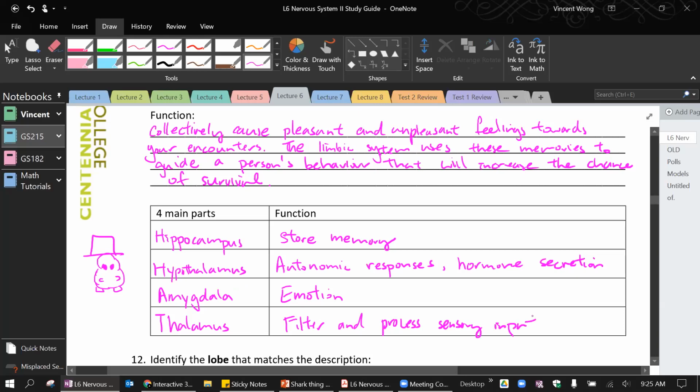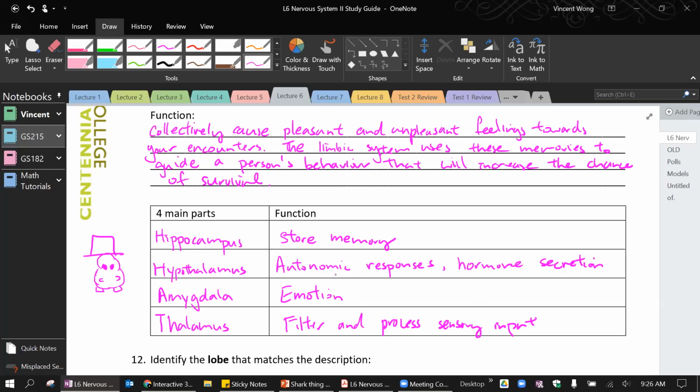Okay, so not everything needs to be processed. Not everything needs to have an emotional response. Otherwise we'd be very dramatic people, right? Maybe. Some things just don't warrant a very drastic response, and the thalamus helps you filter that information.